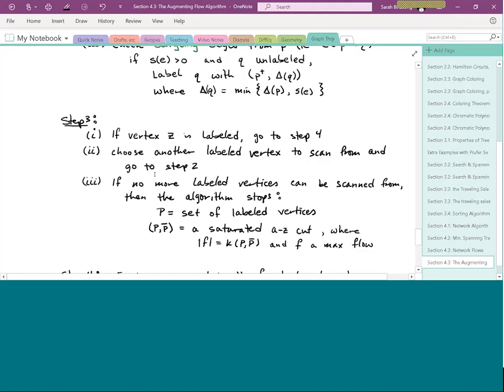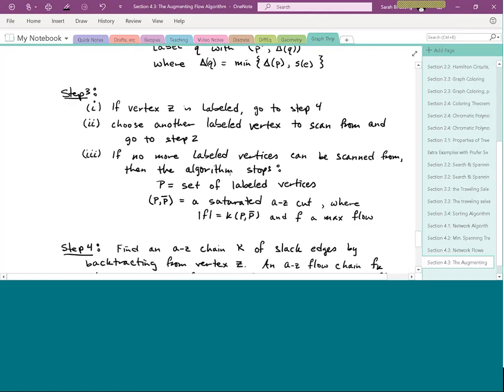Step 3 here, or condition 3, is you still have unlabeled vertices in your graph, but for whatever reason, you can't actually scan from any of your labeled vertices. In other words, the algorithm gets stuck. Okay? So if the algorithm gets stuck before you can actually label vertex Z, what you do is you terminate the algorithm early, and you set P to be the set of labeled vertices.